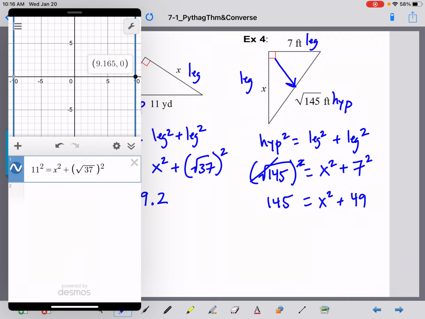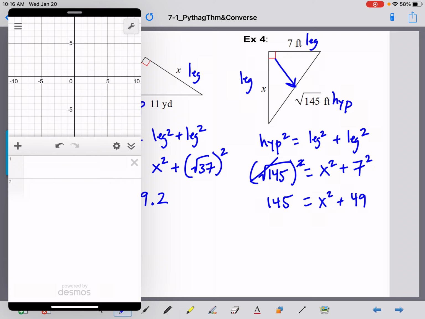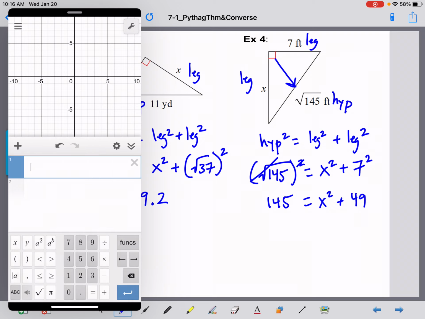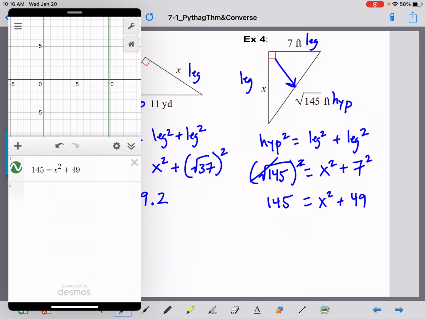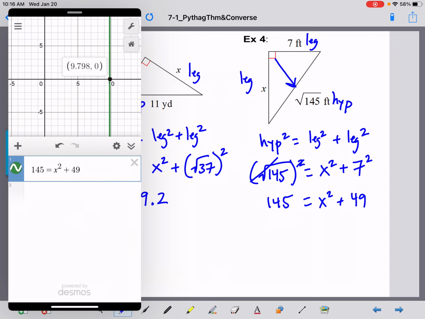Now, if you remember, you can type that in. That way you don't have to type in the radical. That makes it a little bit easier for you. And you end up with, on the positive side, x equals 9.8. All right?